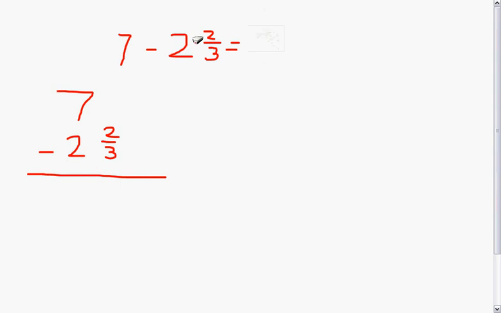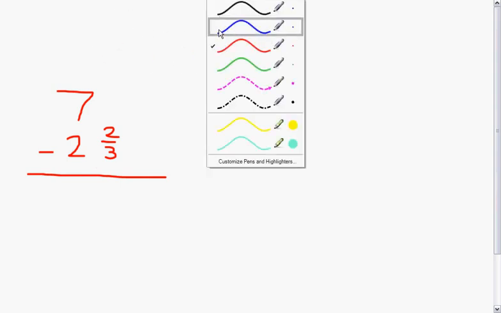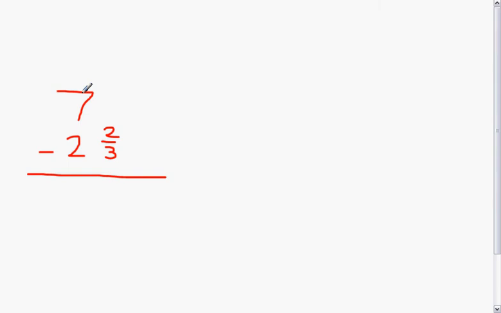What you should be noticing at this point is that I don't have a fraction part for my whole number, for this 7. So what I need to do is create a fraction part which will allow me to subtract 2/3 from it.